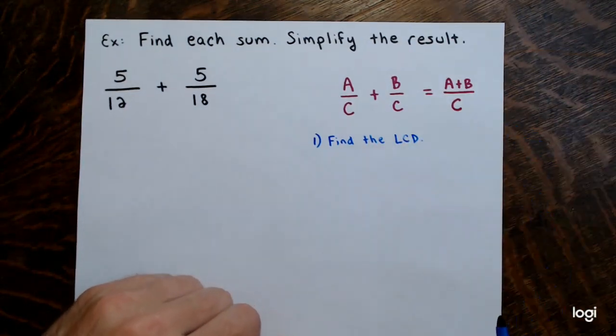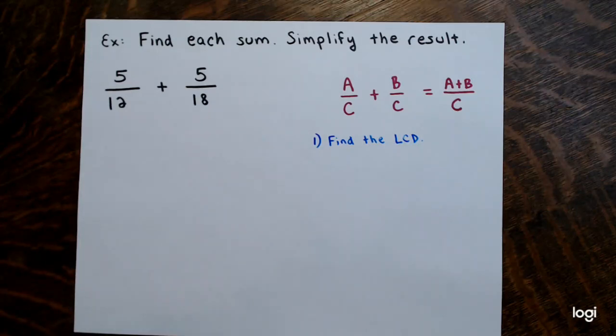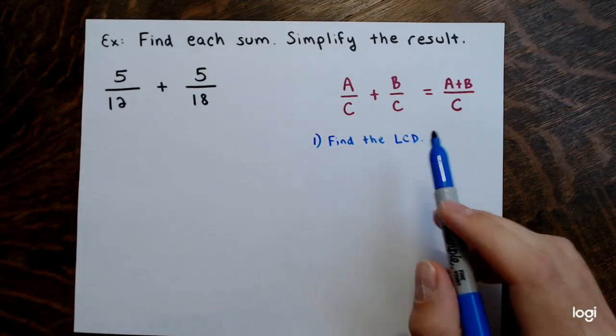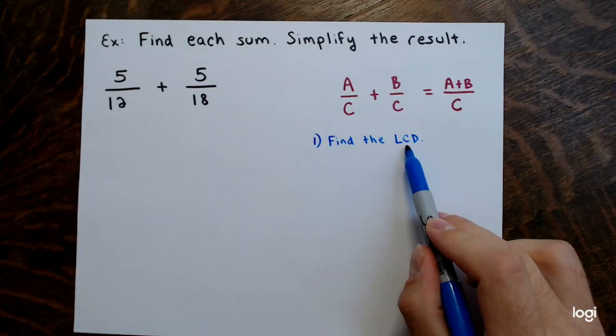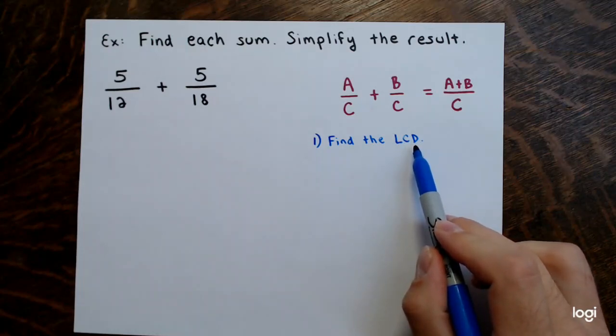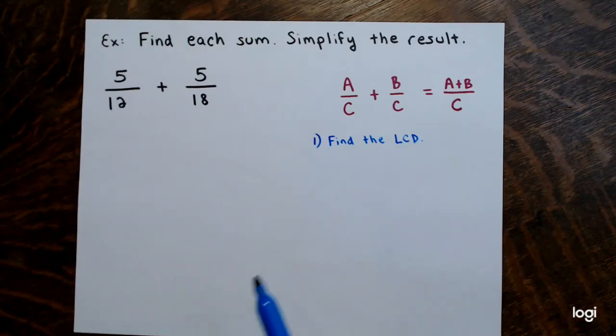Now I've put up videos before on finding what's called the LCD. This is the least common denominator, or in other words, the least common multiple of the denominators. So you can go looking for the videos on that from me or from elsewhere, or read your texts on finding the least common denominator of several fractions.